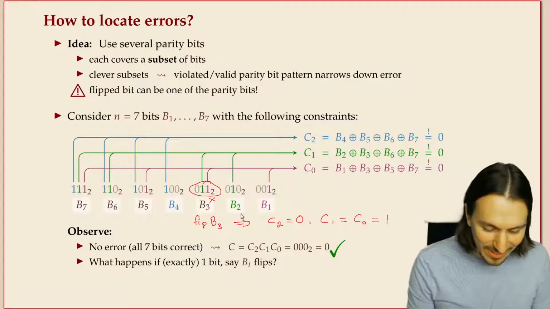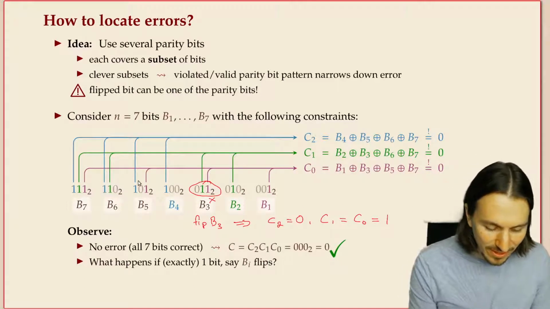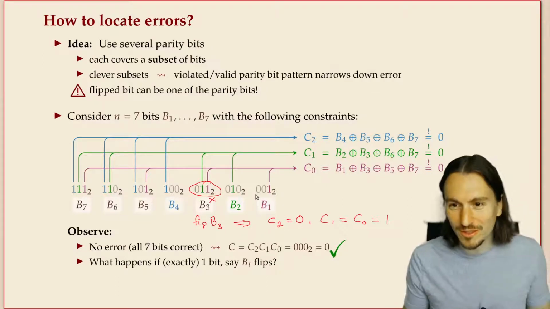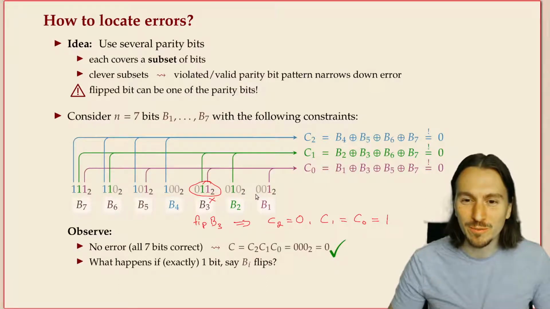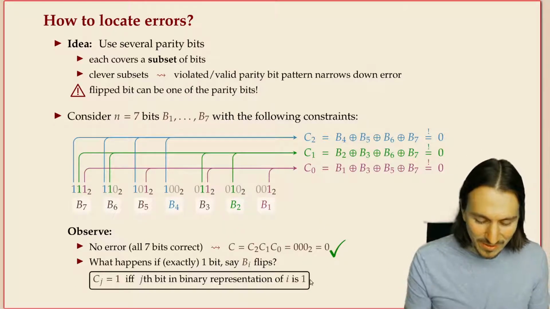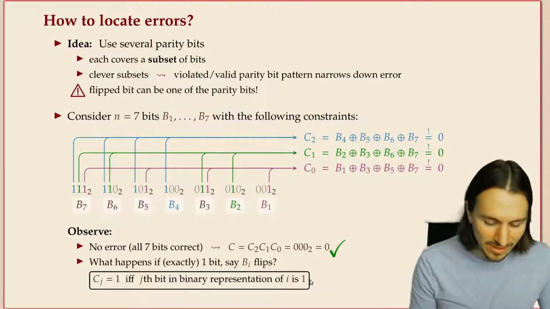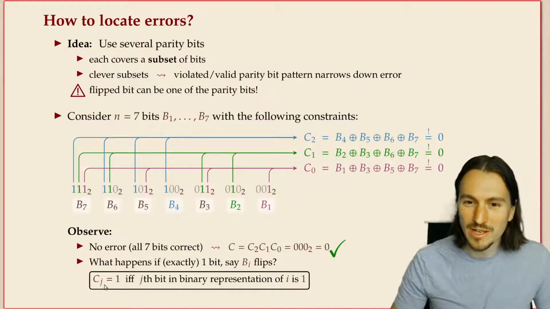And if you take all the other numbers 1 through 7, then you see the colors, or which checking bits a certain bit is taking part in, is exactly encoding the index in binary. So that's what's also written on the slide now. In general, this holds for any of these bits.